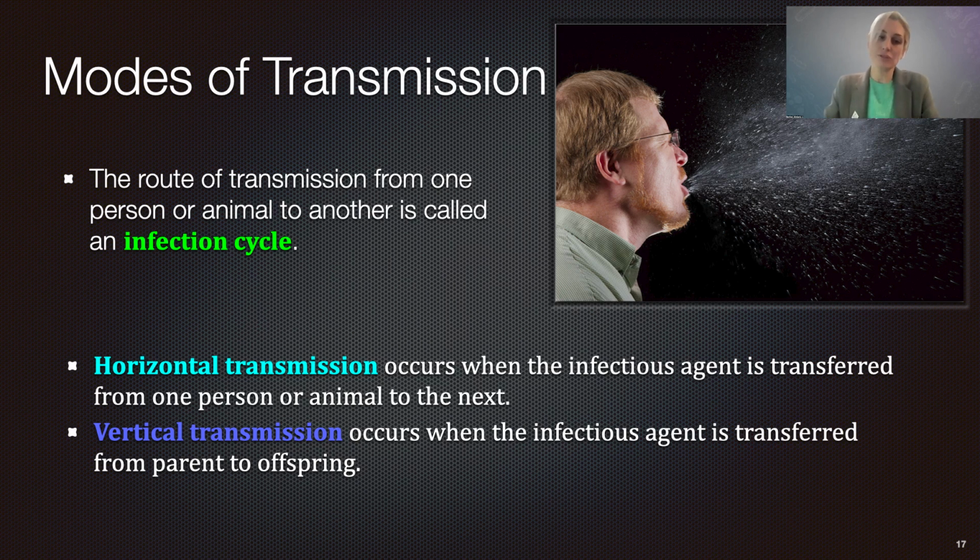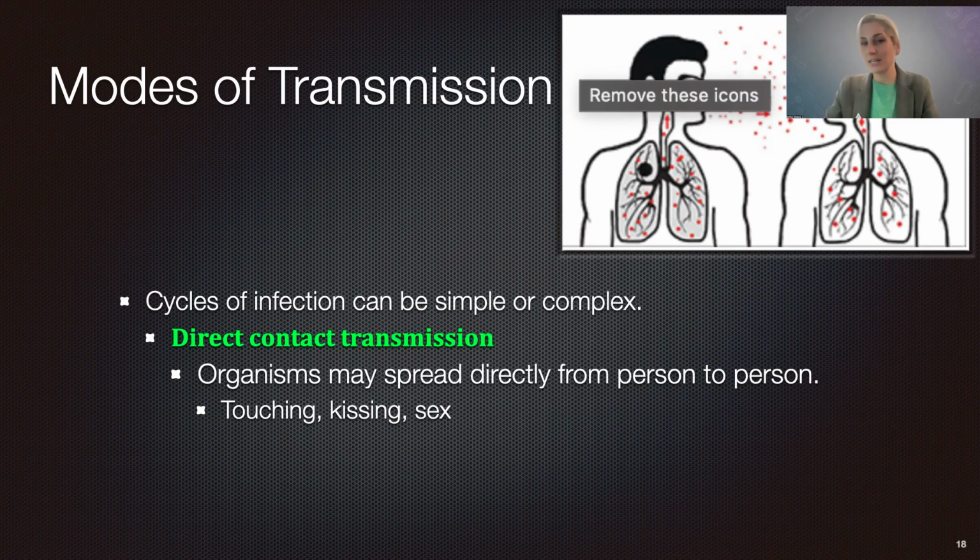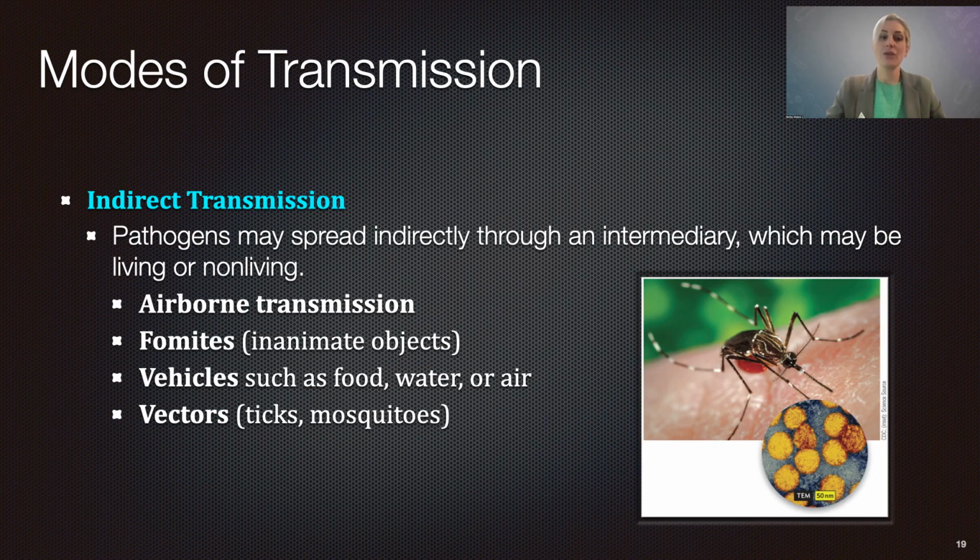When we look at modes of transmission, we have direct contact transmission. Direct transmission is from person to person from physical interactions like touching, kissing, or sexual activity. When we look at indirect transmission, this could be airborne transmission.